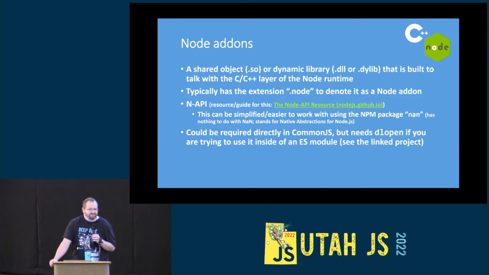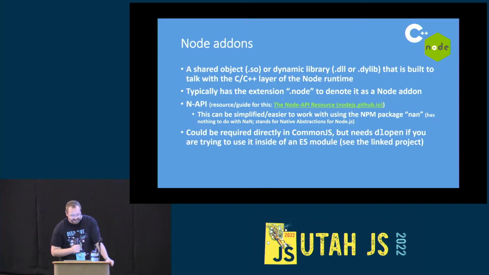You'll find some NPM packages actually use these as well, but it's not as common a thing anymore, I think. The API that you'll be using for it is called NAPI, which is short for Node API, and there's a link on the slide deck if you want it.